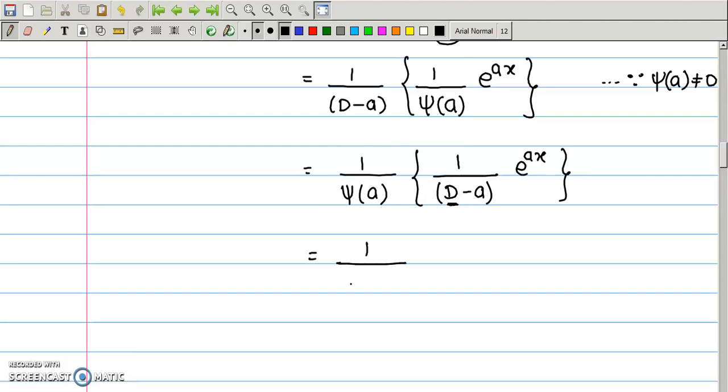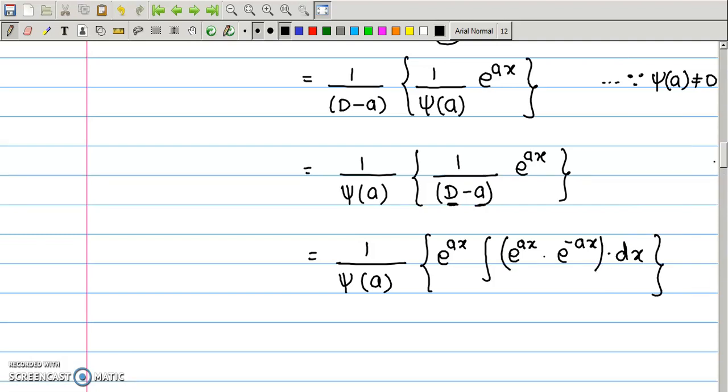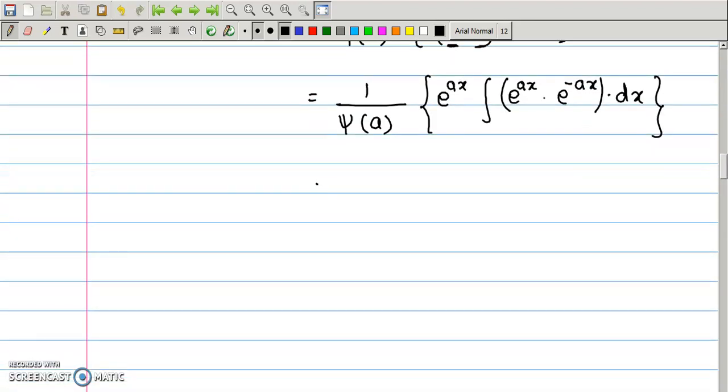To avoid this case of failure, we apply the general method formula. Here our factor is d minus a, so we start with e raised to plus ax into the integral of e raised to ax, that is our f of x as it is, into e raised to minus ax into dx. If you simplify this part, both terms will get cancelled.